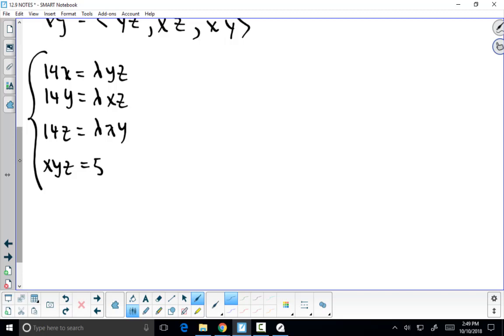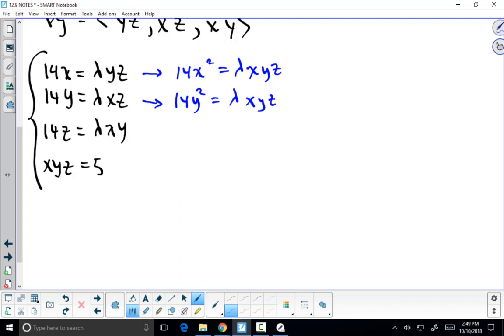We'll give it one attempt to see how crazy it might get. If we multiply this one by x, we're going to have 14x squared equals lambda xyz. Multiply that one by y, we get 14y squared equals lambda xyz. Multiply that one by z, we get 14z squared equals lambda xyz.